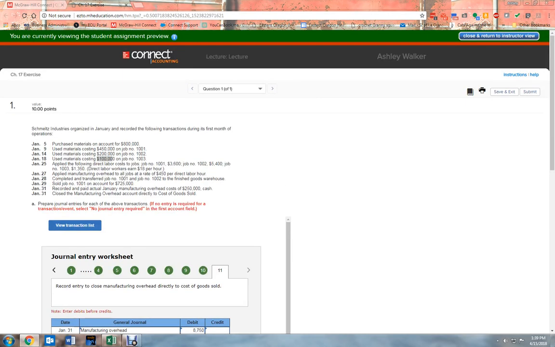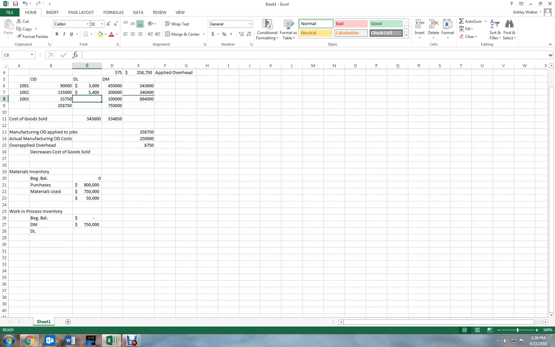So we need to go back and look. Direct labor for 1003 was 1,350. Make that pretty. So all those added together have to be our total direct labor costs for all 3 jobs, so 10,350.